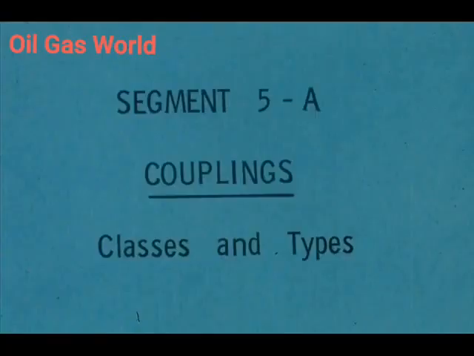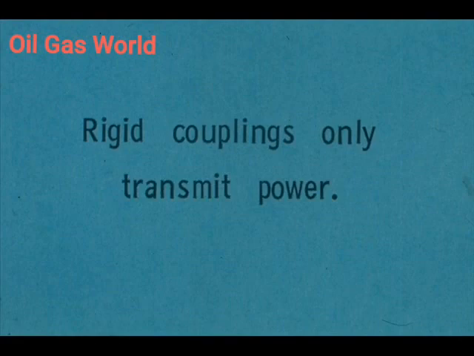There are two basic classifications of couplings that we will deal with in this course. They are the rigid and flexible classes. The rigid couplings are the simpler of the two classes. They are generally used in applications where transmitting power from one machine to another is the only concern.